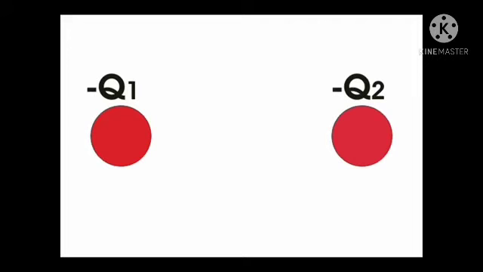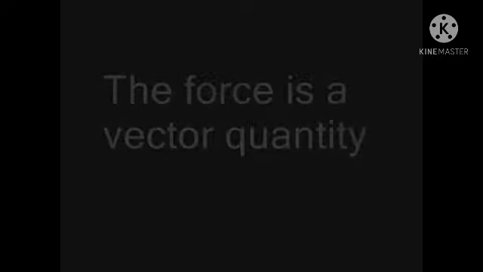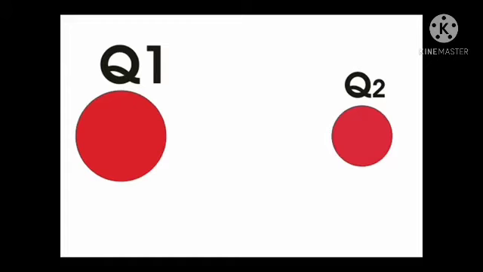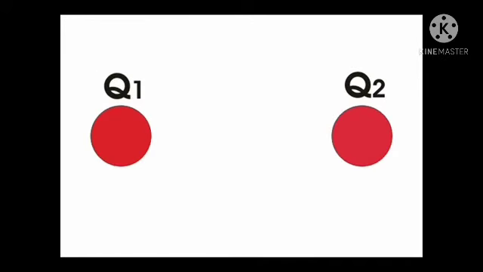If M1 and M2 are the pole strengths of the two poles, the force, a vector quantity, separated by the distance d, is given by F proportional to M1 M2, or Q1 Q2.